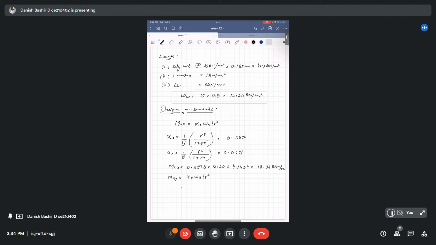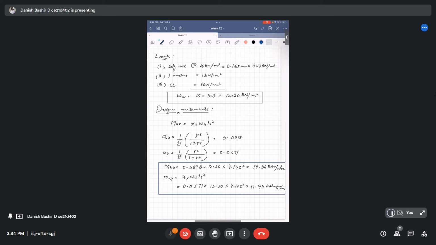Plugging in the αy value as 0.0571, 12.20 is the load and short span 4.140 square. It comes out to be 11.94 kilonewton meter per meter. So design moments MUX and MUY are these two things that you have to carry for the further calculations.